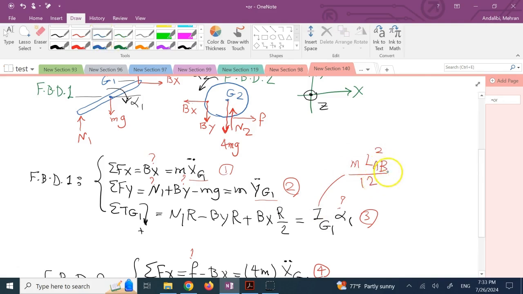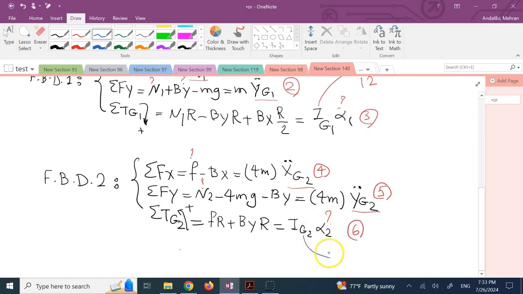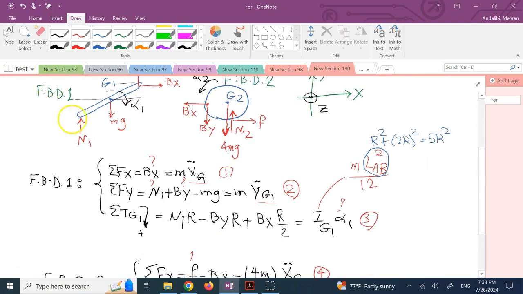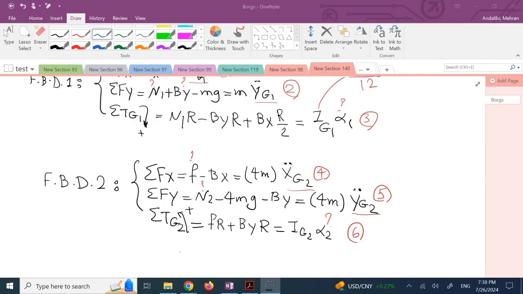And clearly this length of AB squared is r squared plus 2r squared, so it's going to be 5r squared. And I about G2, this one is a disk. The radius is r, the mass is 4m. And if you remember from statics, the inertia for a disk with mass m and radius r is 1/2 m r squared. So this one is going to be 1/2 times 4m times r squared.